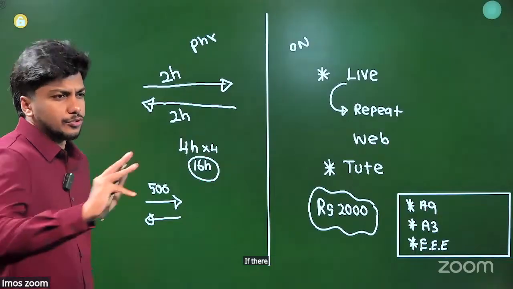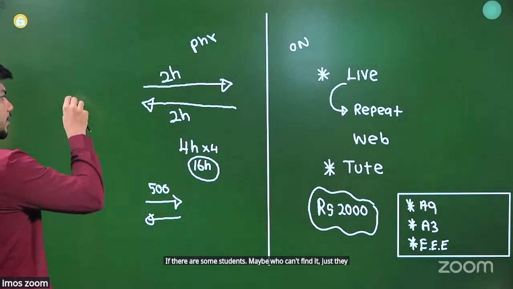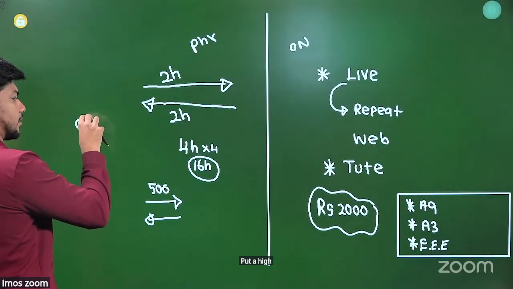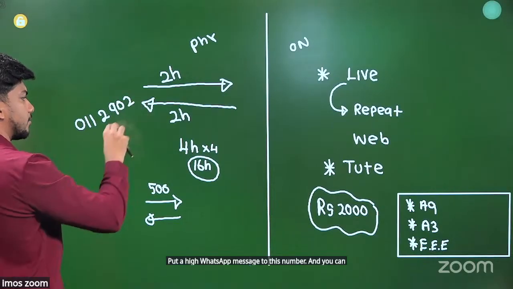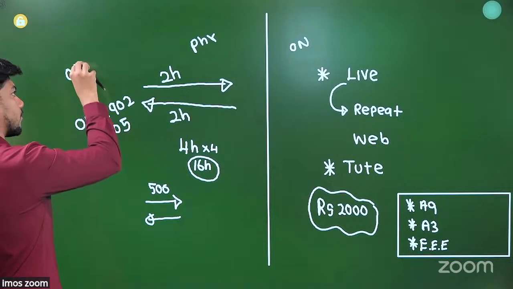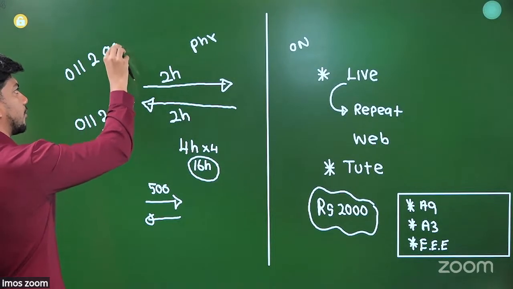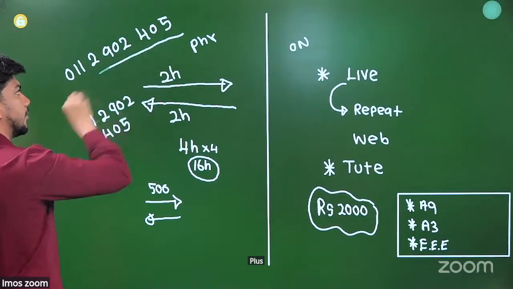If some students can't find it, they only have to send a hi WhatsApp message to this number and you can get your community group link. We will post each and every detail, class payment details, there.